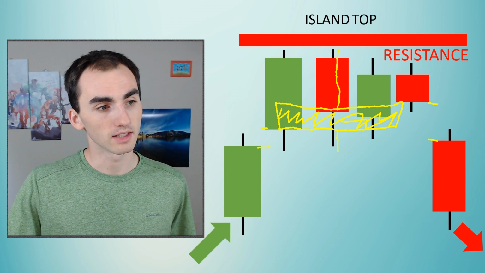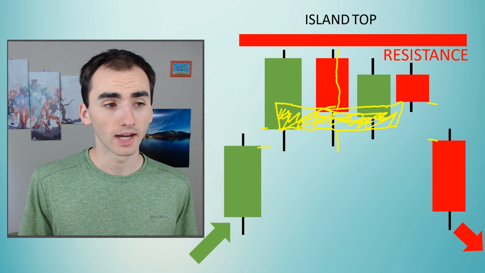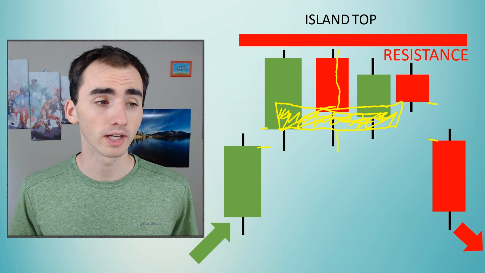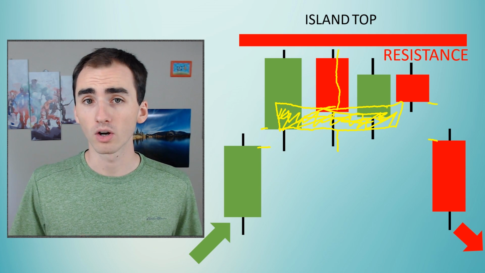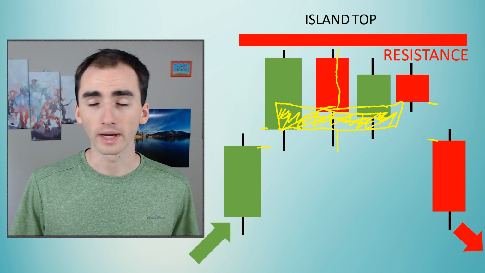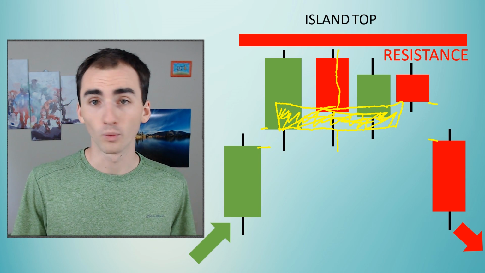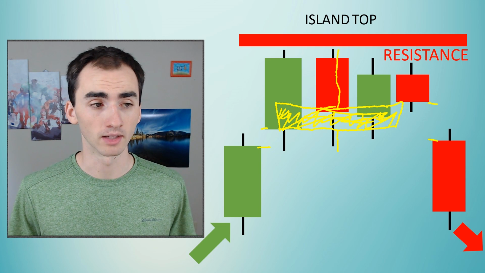And you can see that this kind of makes a doji top, and that is why the island top and doji top pretty much work the same way. It's just another way to look at it, and that's really all these patterns are, is ways to look at candles and to understand what they mean and the sentiment that they are giving you and what they're really telling you.